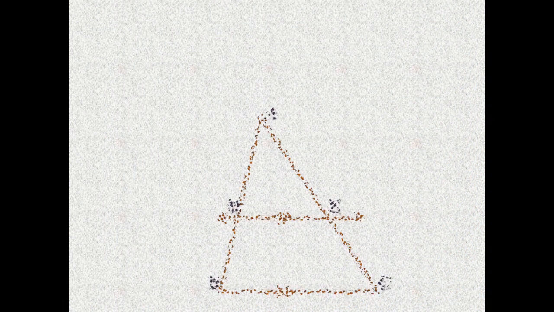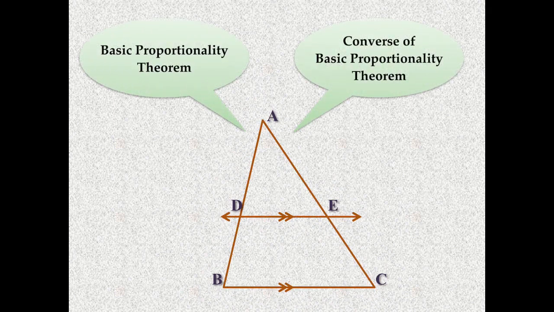Now let us revise what we have learned so far. We have learned two theorems, basic proportionality theorem and converse of basic proportionality theorem. The first one, basic proportionality theorem, says that if in a given triangle, say for example triangle ABC, one of the sides of this triangle is parallel to a given line or line segment.